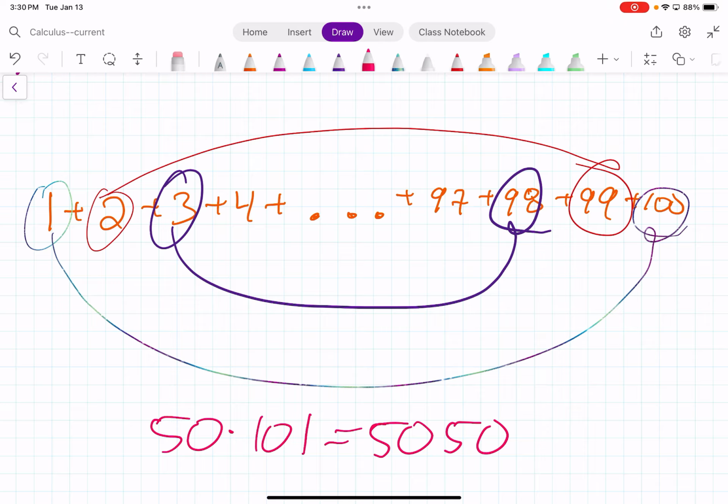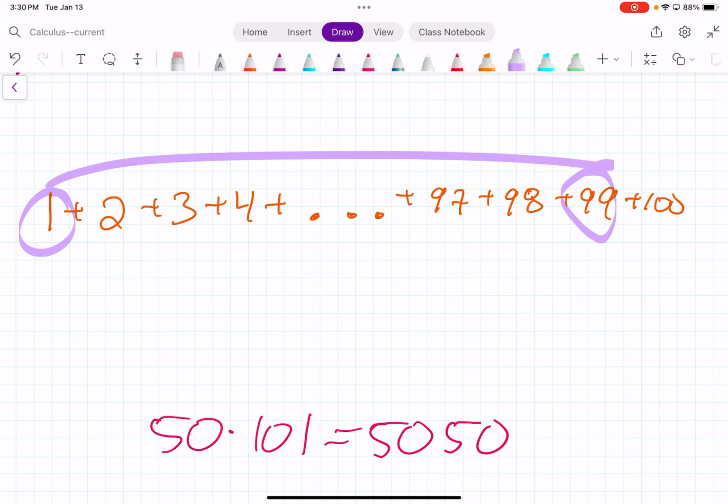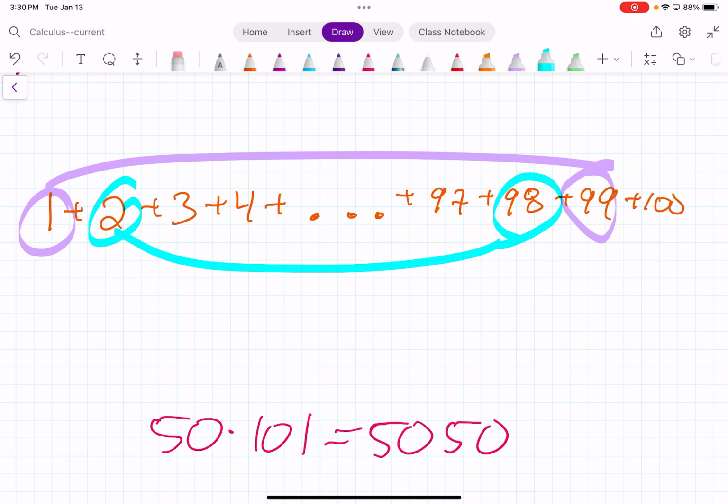Okay? Now, Mahi, you were saying something slightly different. You're still grouping them together, but you decided to group these, and then just leave out 100 till the end and just add it up.